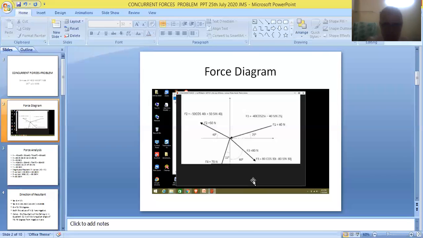So based on the direction of these forces, we have to indicate directions for horizontal and vertical components. Now after doing this, positive symbol must be allocated for forward forces and upward forces. Negative symbol must be allocated for backward forces and downward forces.